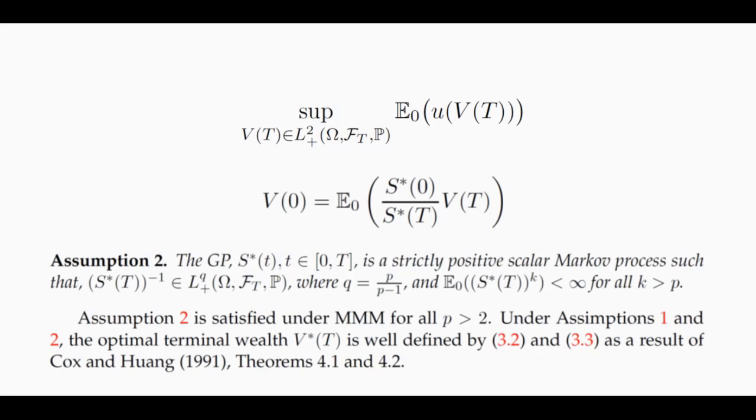So we make the next assumption regarding the GOP, which satisfies these conditions. And this assumption is sufficient to guarantee that if p is greater than 2, this optimization problem is well defined.